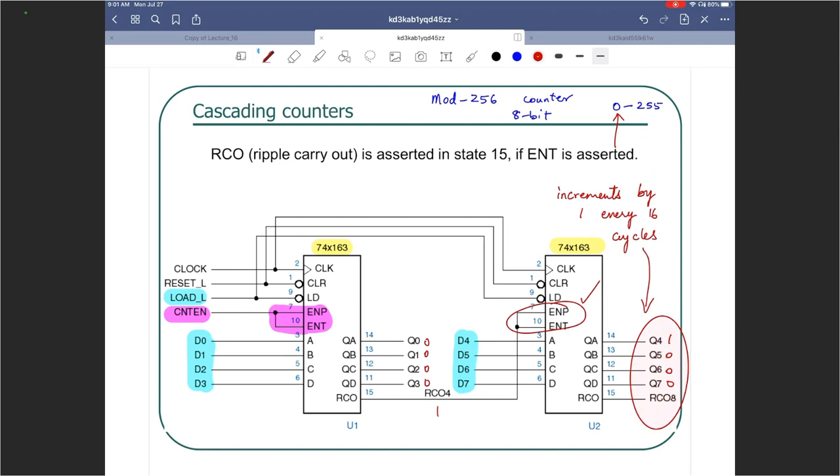Every time the first outputs go all the way through, from 0, 0, 0, 0 to 1, 1, 1, 1, when it completes one full cycle of those 16 counts, the next stage is going to increment by 1. And then it'll go to 2 after another 16 counts. That is essentially your 8-bit counter.